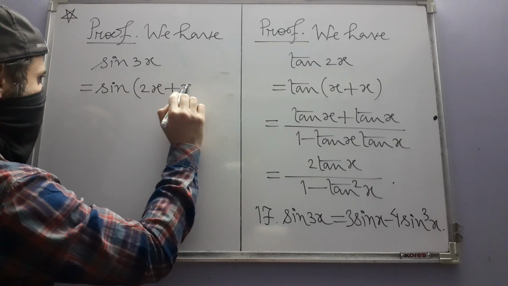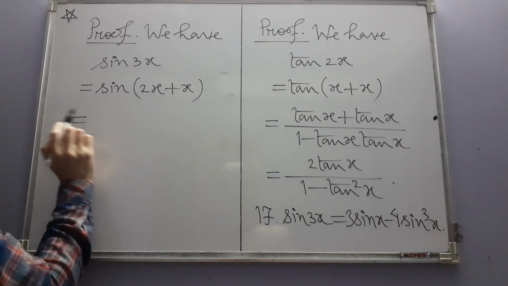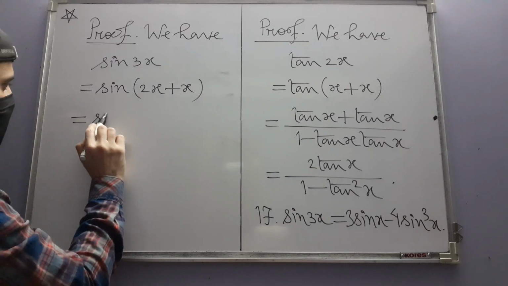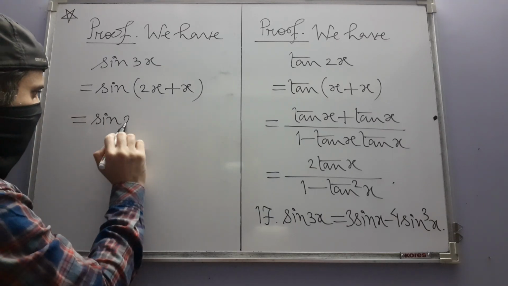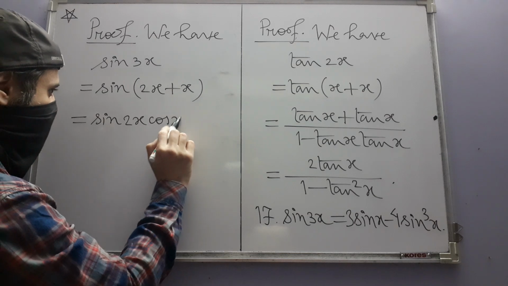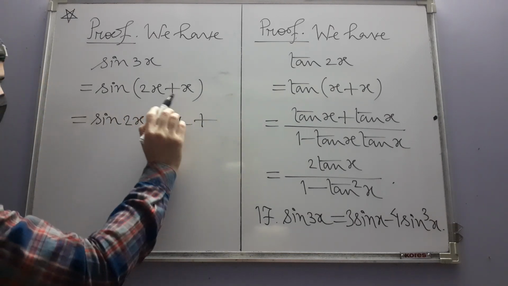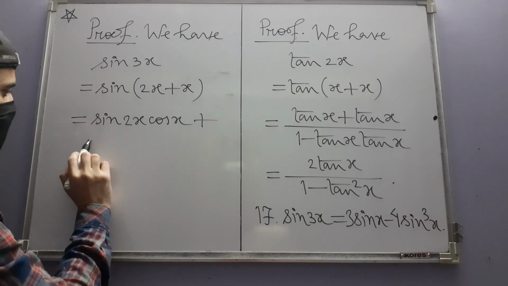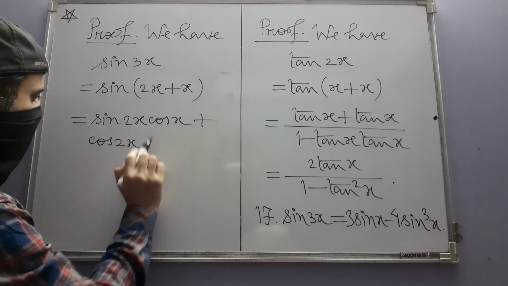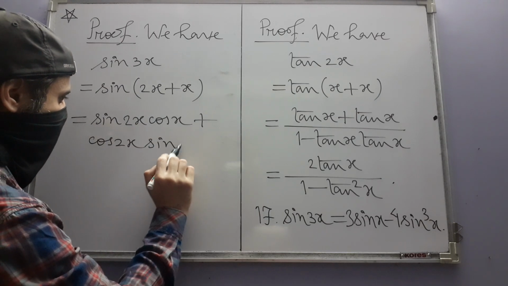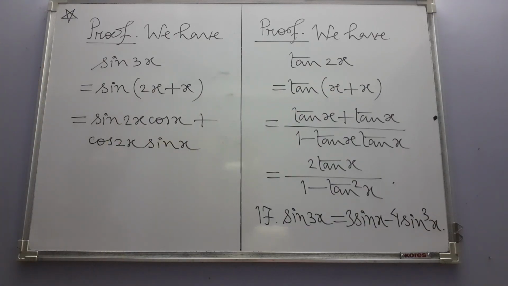Two x plus x. So it will be mixed terms sin 2x cos x. No change of sign because it's sine. No change of plus. Plus stays plus. Plus cos 2x sin x. Okay.